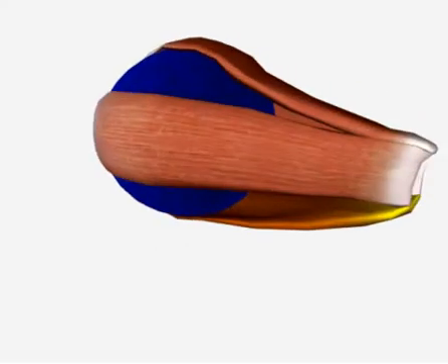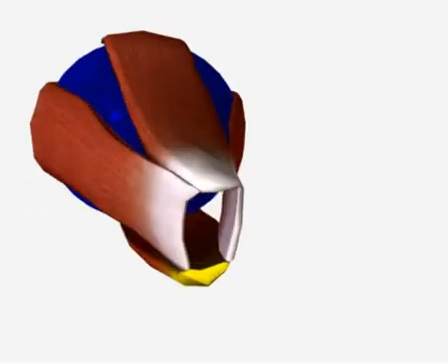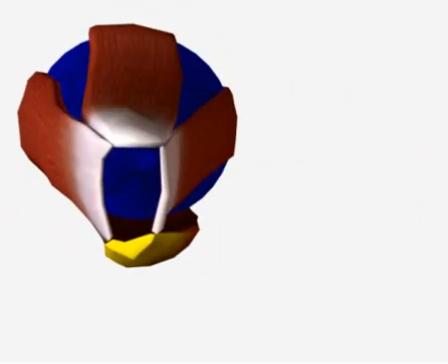Here you can see the four rectus muscles, and if you turn over to the back side, you can see that the attachments of these muscles form a ring-like structure. This is basically the common tendinous ring from which they get their origin.